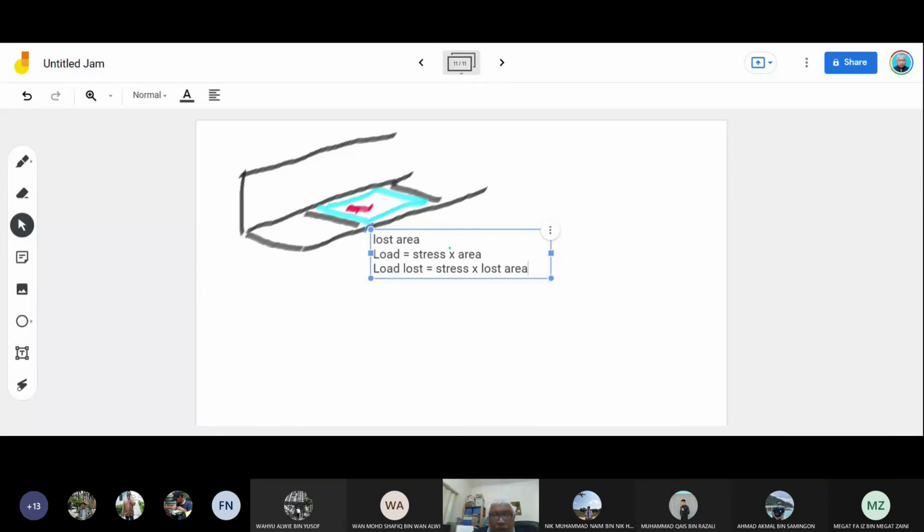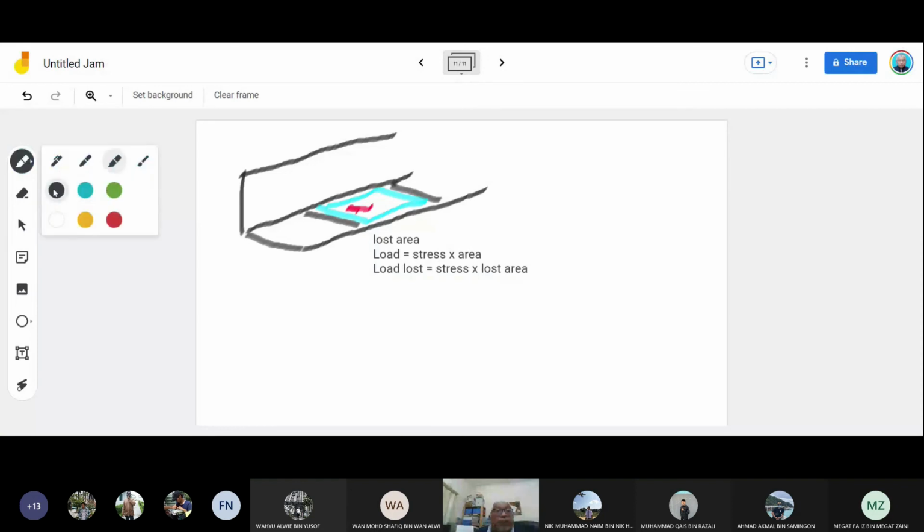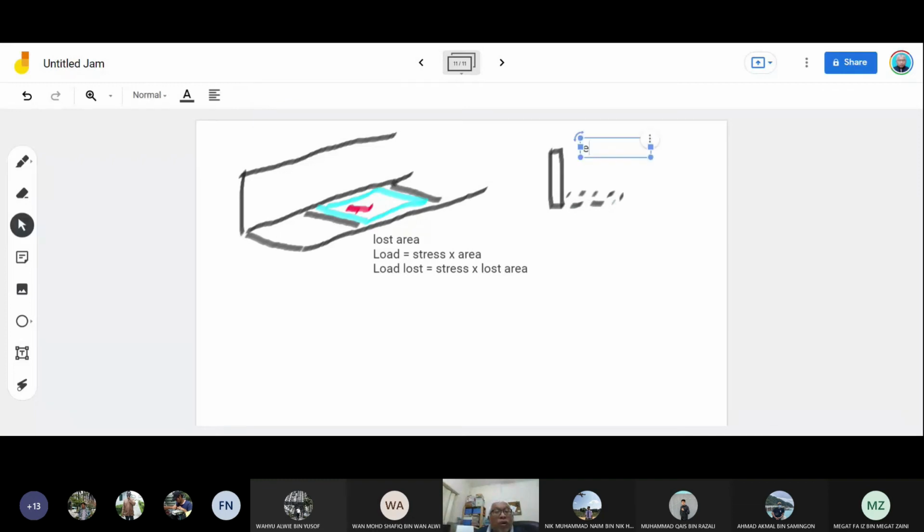So you get the load loss. How much is lost after you remove it? So you look from the side with a cross-sectional view. You cut through this section here. What you see is you no longer have this area. This flange is no longer there because it was removed. So here is the only effective area.